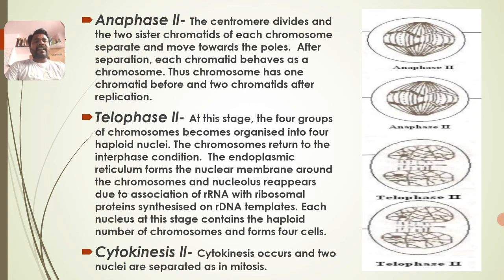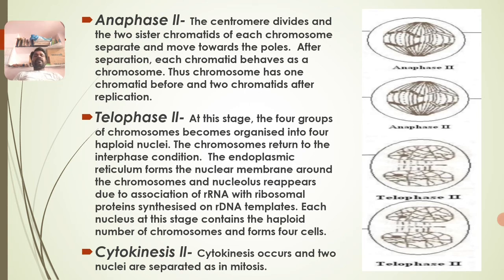Each nucleus at this stage contains the haploid number of chromosomes and forms 4 cells. This is a very easy one, telophase 2. The nuclear membrane reappears, one nucleus divides to produce two nuclei, so from each of the two cells there are 2, forming 4 cells.